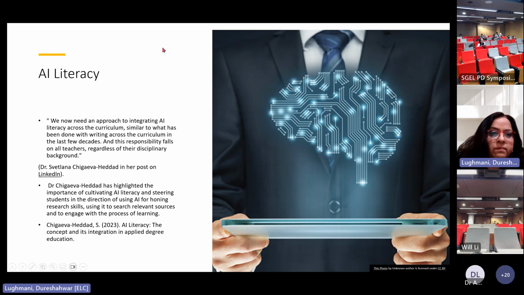And so we need to look at AI literacy. I've been following Dr. Svetlana Chigaeva Haddad on LinkedIn, and she has also been a colleague and friend for a long time. So I'd like to comment on her LinkedIn post where I saw her slides. We need an approach to integrating AI literacy across the curriculum, similar to what has been done with writing across the curriculum in the last few decades.